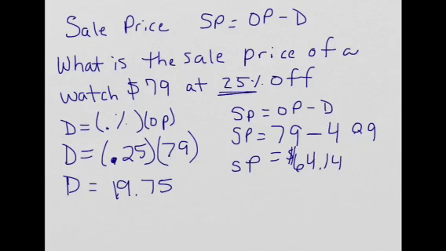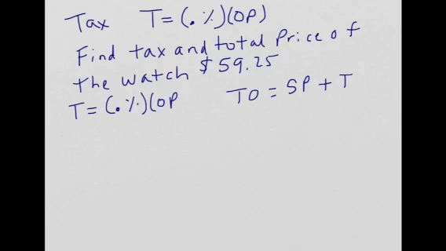And then over here, if you would please, go ahead and erase that. And we're going to subtract now the 19.75, which is going to give us our sale price of $59.25. Sorry about that. I was getting a little bit ahead of myself.